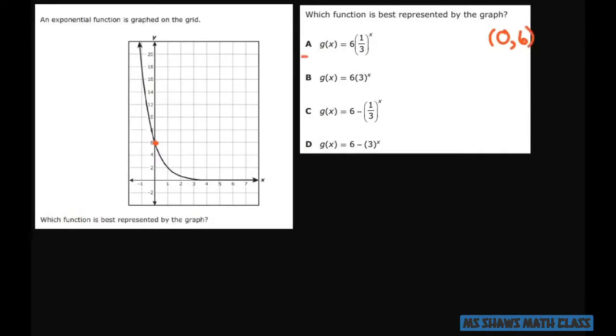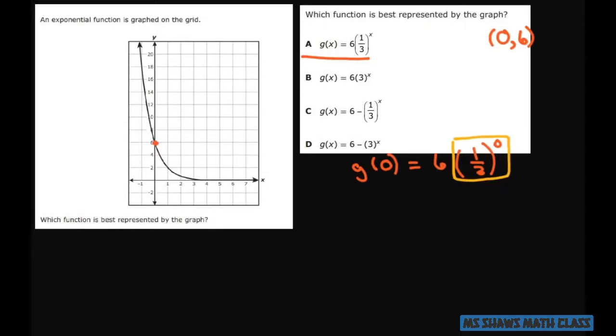So looking at these equations here, for now I'll just say g of 0 should equal 6. So I plug in 6 times 1/3 to the 0 power. Now when you're doing this, do the exponent first.